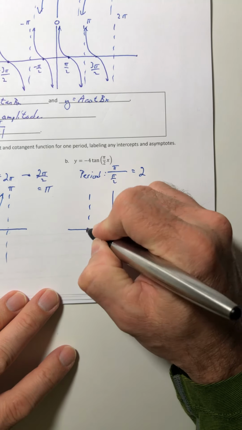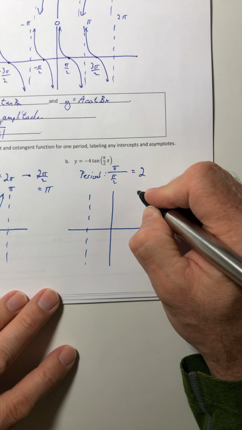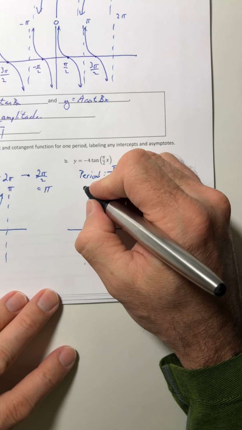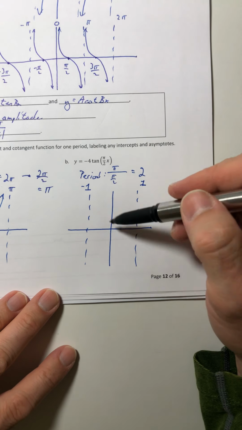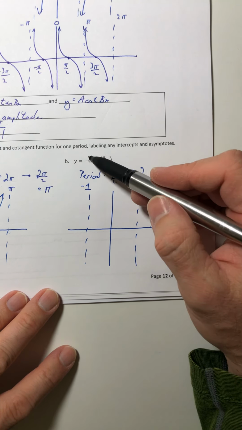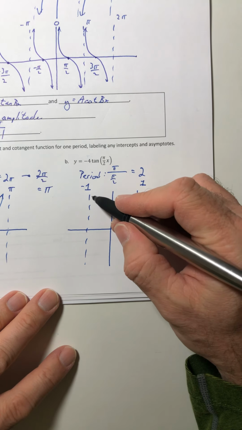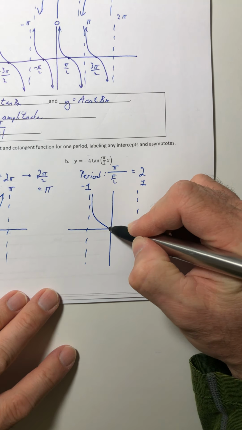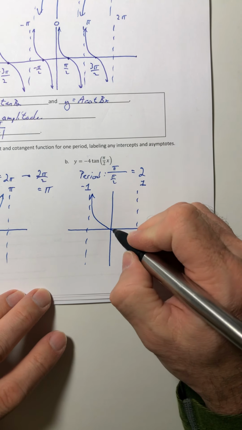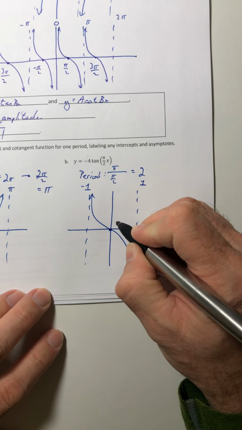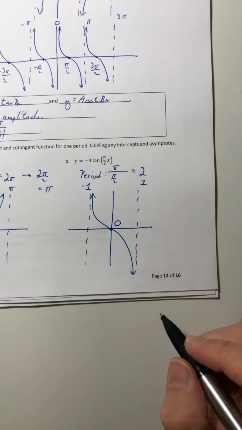That means I now know where my vertical asymptotes are going to go. It's just negative 1 and 1. And then the curve goes right in between. However, there's a negative in front of it, so that means it's upside down, just like that, with an intercept right at 0.